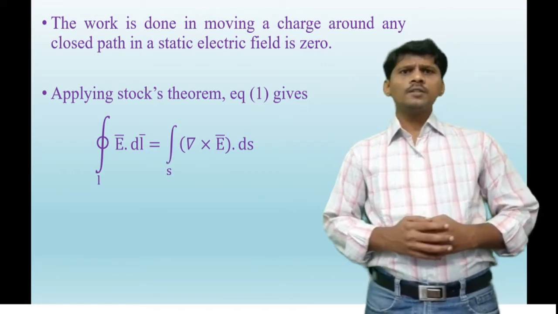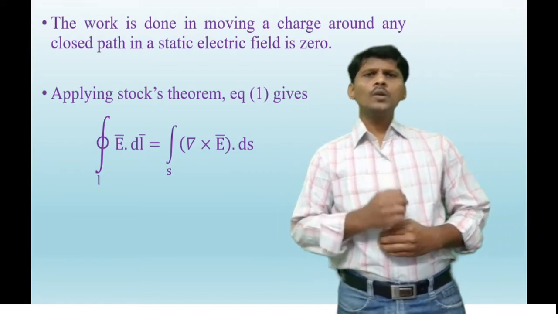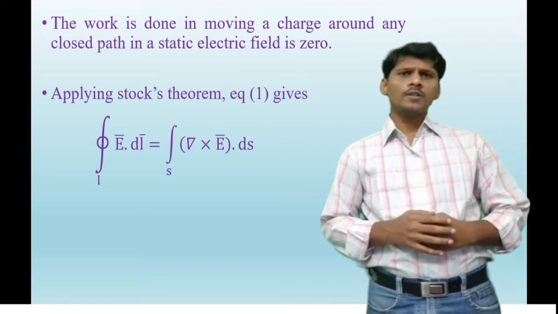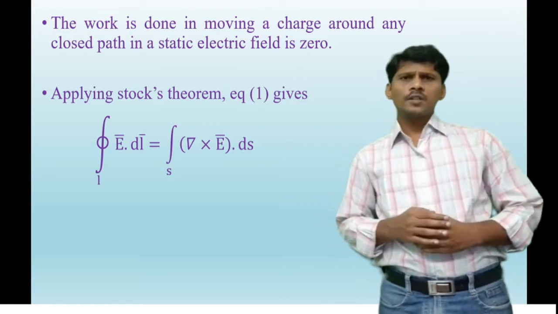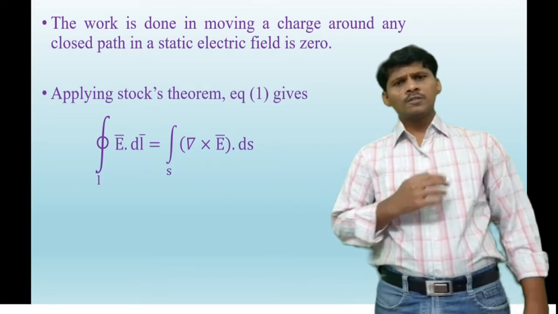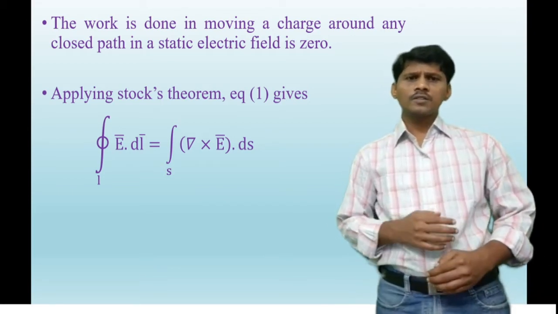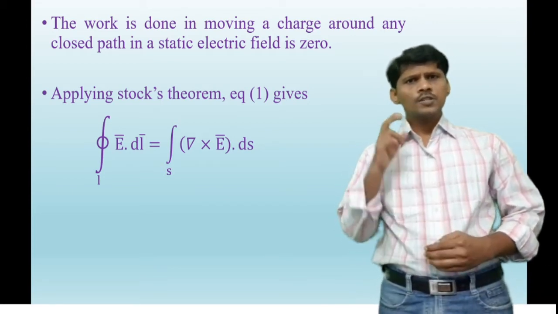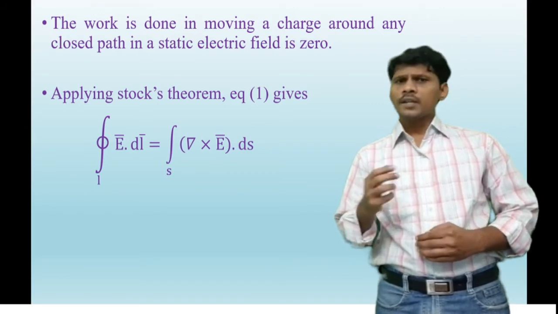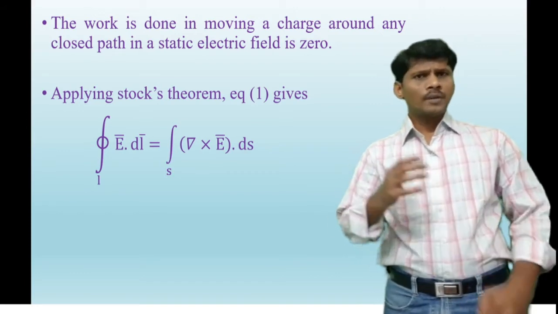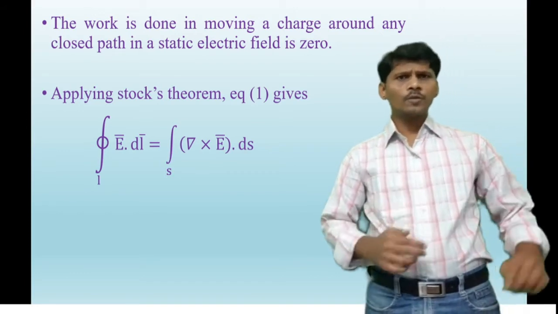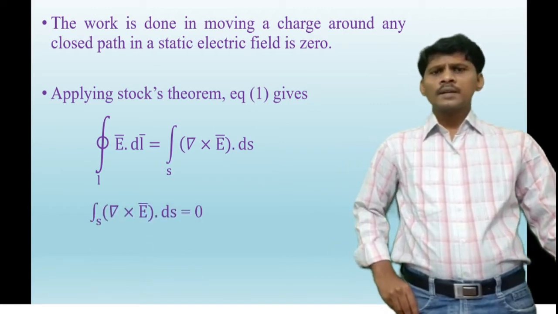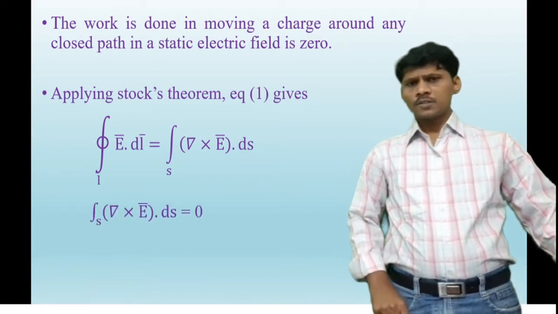But using Stokes theorem, closed line integral of E bar dot dl bar is equal to the open surface integral of del cross E bar dot ds bar. Using the conservative nature of the field, the LHS term is equal to 0. Therefore, the open surface integral of del cross E bar dot ds bar is equal to 0.